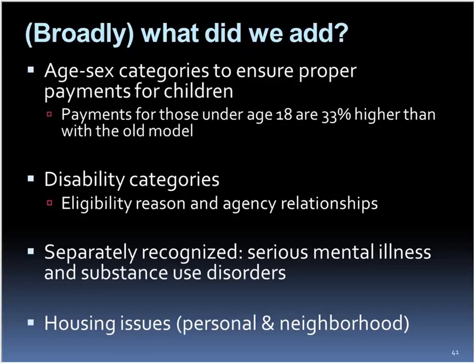So we created a four-tiered variable: client of the Department of Mental Health, the Department of Developmental Services if not mental health, simply disabled if neither of the above two, and not disabled at all. And we found that actually was important.